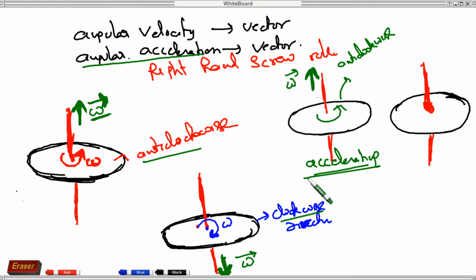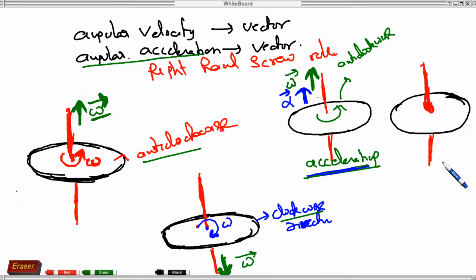When it is accelerating, the direction of the angular acceleration vector will be similar to the direction of the angular velocity vector.